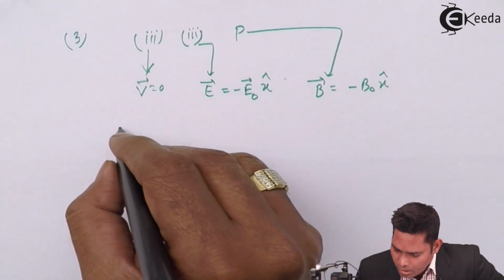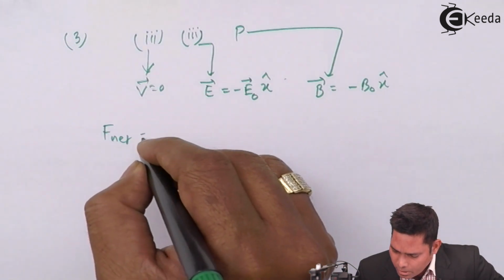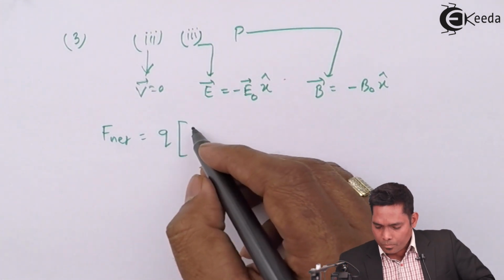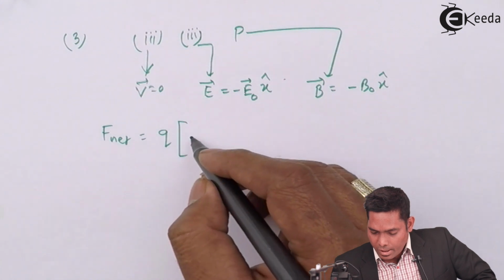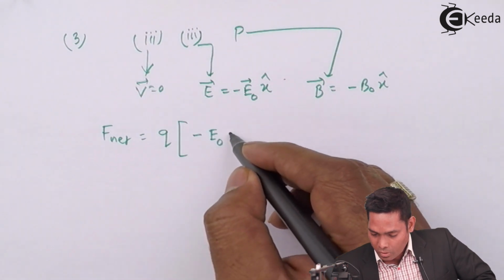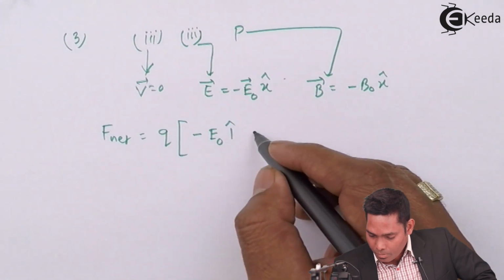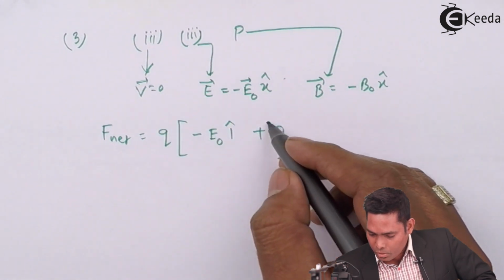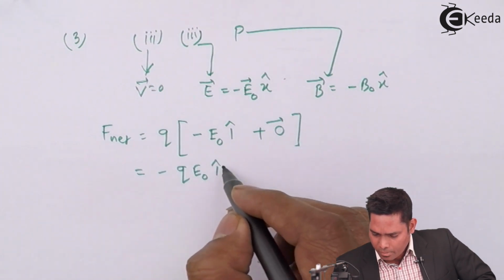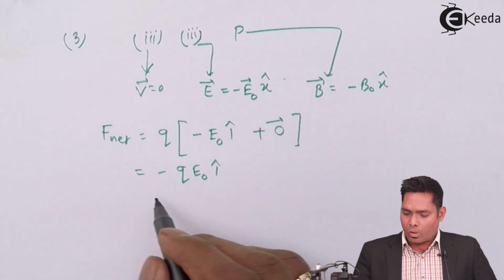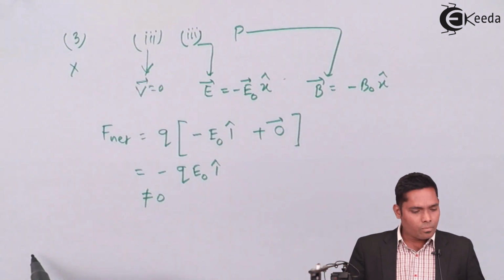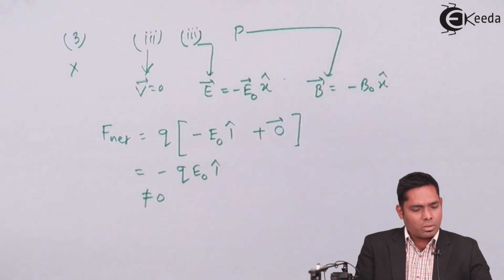So first of all, the net force will be Q, the proton with E, which is minus E naught I cap, plus V zero, so it will become 0 vector. So it is minus Q E naught I cap. This is also not 0, so this option is also wrong. So option 3 is wrong.